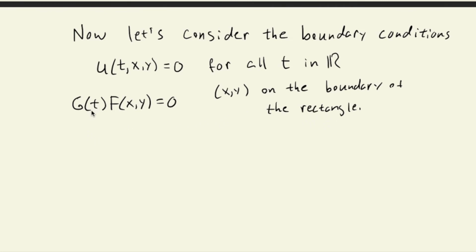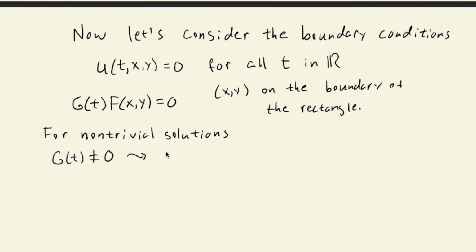And for non-trivial solutions, we can assume that g of t is not the zero function, which means that there is some time, I can call it t star, such that g is not 0 at that time.